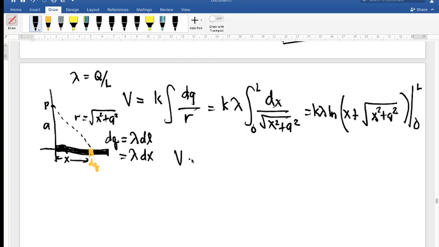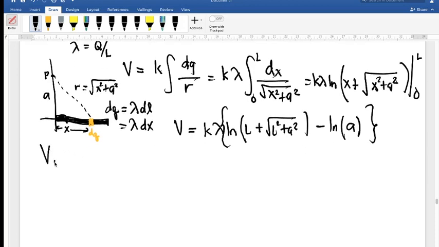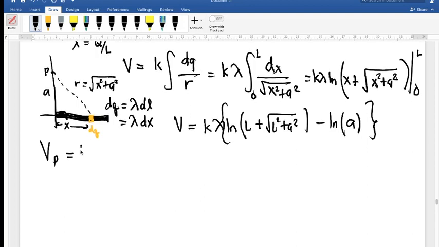So your V is equal to k lambda ln. We replace x with L: L plus the square root of L squared plus a squared, then minus ln of 0 plus the square root of 0 squared plus a squared, so what's left is just a. So the potential at point P with respect to infinity is k lambda ln.